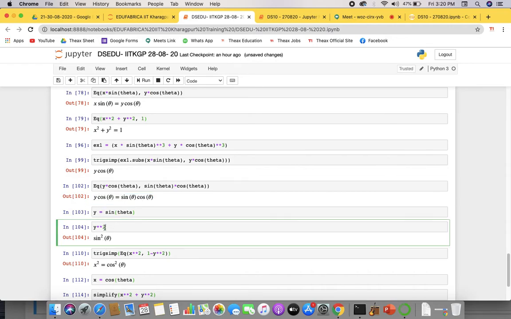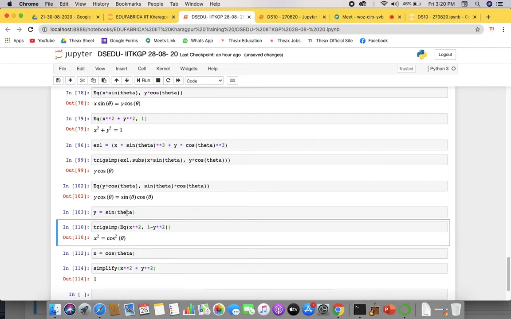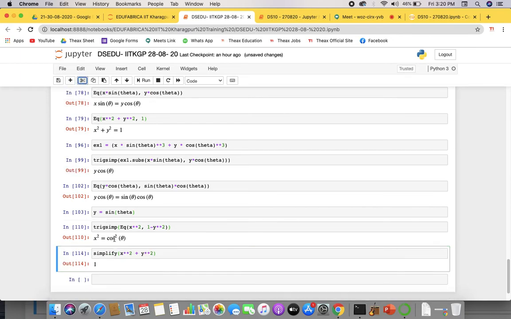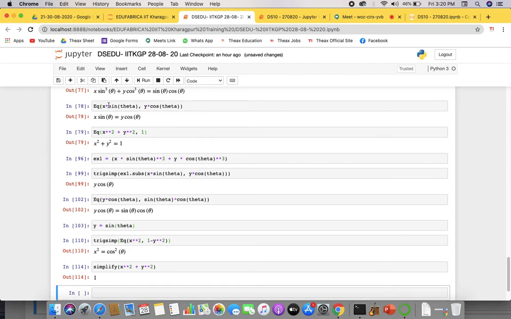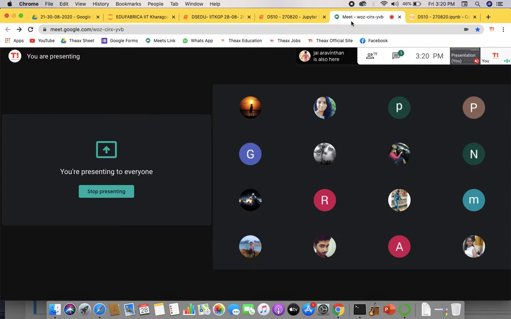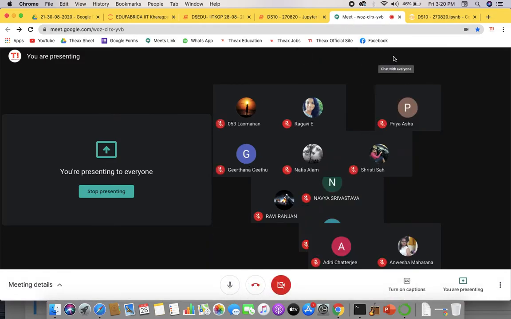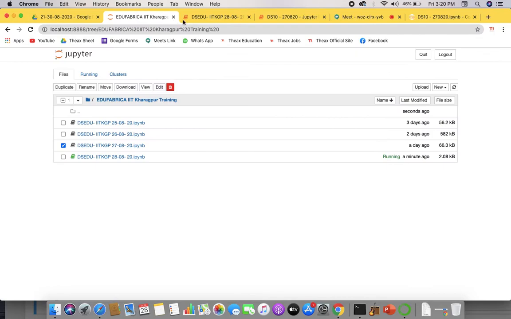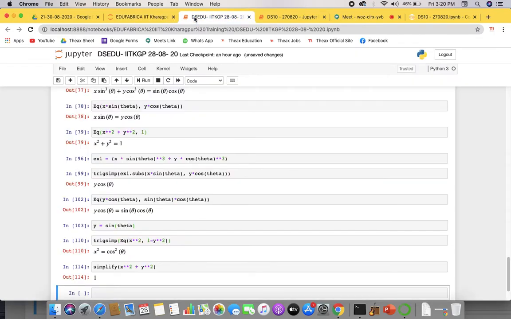Then similarly y square is sine square theta, and solving this we got x square equals cos square theta, and then simplifying. So in total just 1, 2, 3, 4, 5 steps. You could make some different steps also, your own steps, whatever you want.